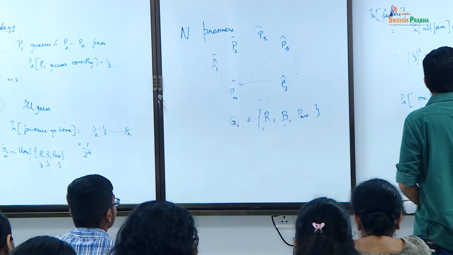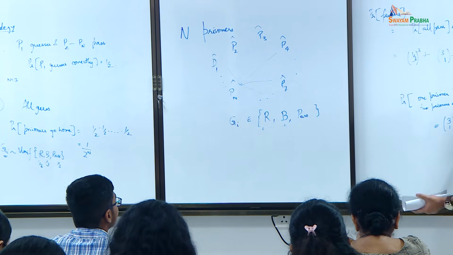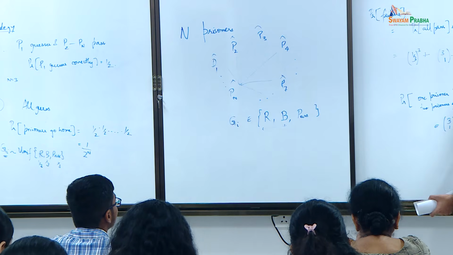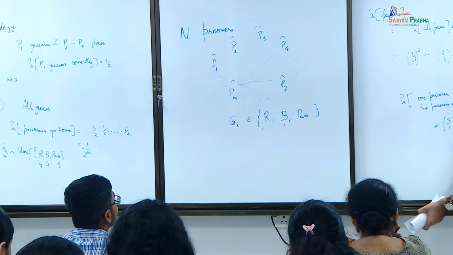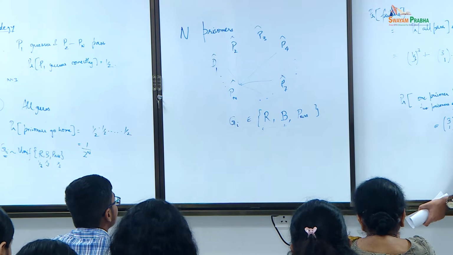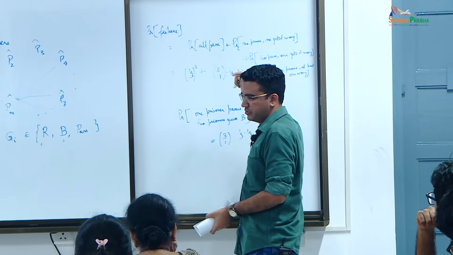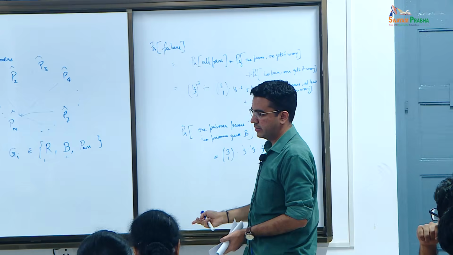So one gets it, but I must multiply by the probability that the other guy gets it wrong. So one guy gets it right, the other guy gets it wrong, right? So what is the probability with which one guy gets it right? What is the probability with which the other guy gets it wrong? That requires to feature in. The multiplication by 2 is the choice of the guy who gets it right.